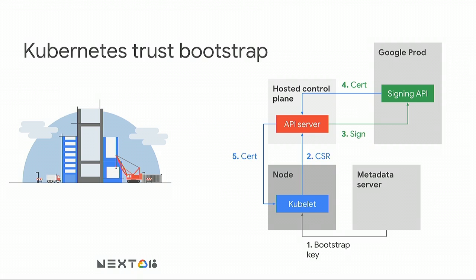So that signing API and keys are held externally, so that call goes out to that API, the certificate request gets signed, and the cert propagates back to the kubelet. The interesting part of all of this is that the signing keys are actually held externally to the cluster, so we have an extra trust boundary in between those two.